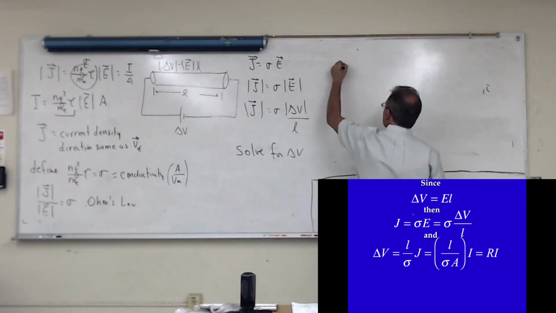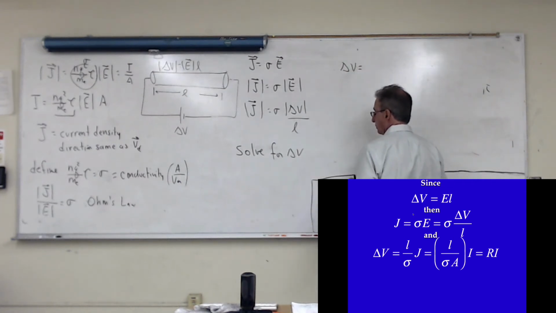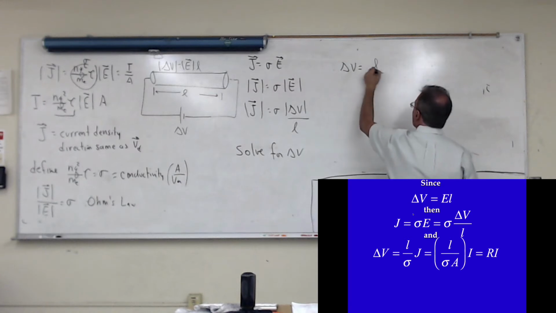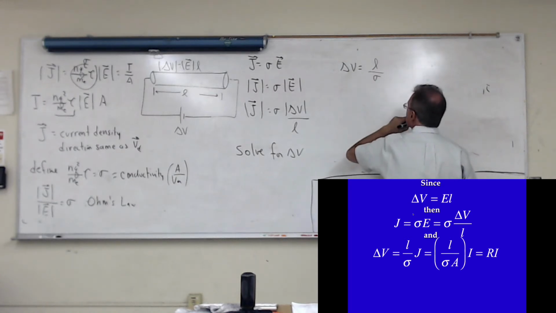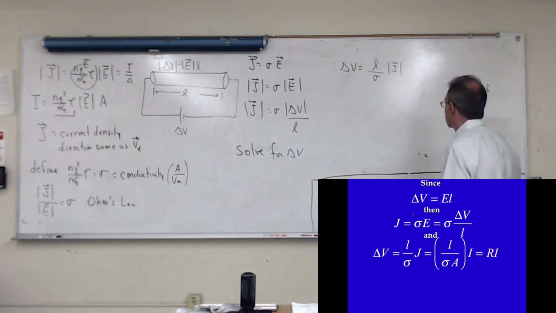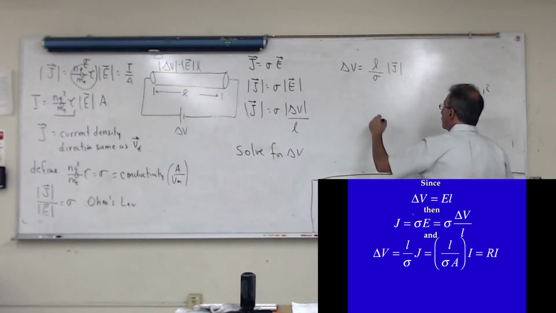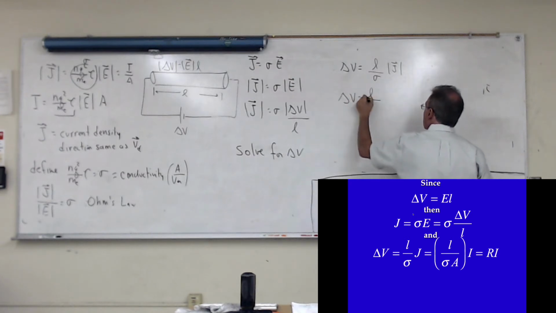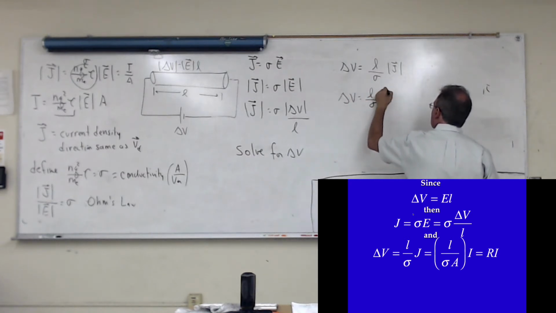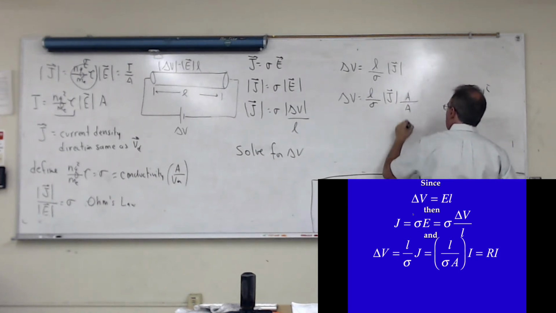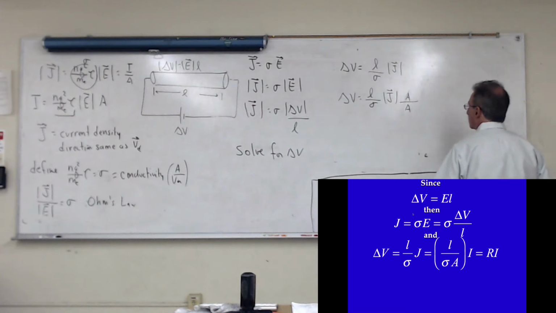Delta V is equal to L over sigma times J. Now I'm going to multiply numerator and denominator by A. J times A is current.